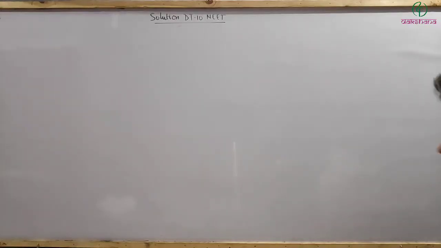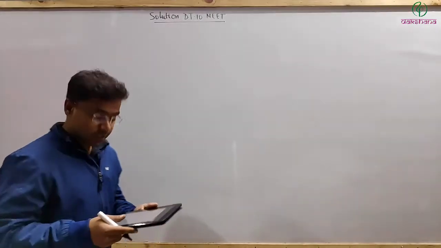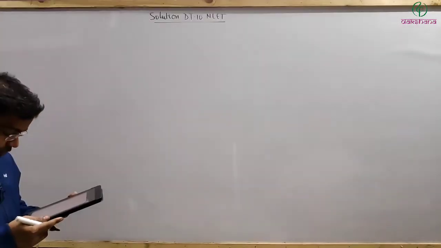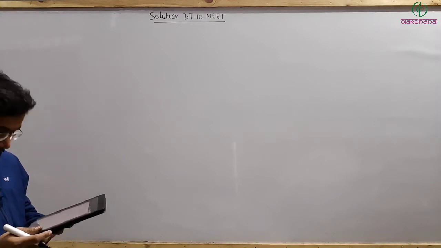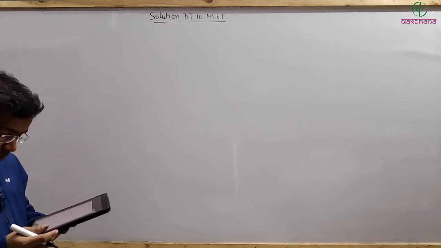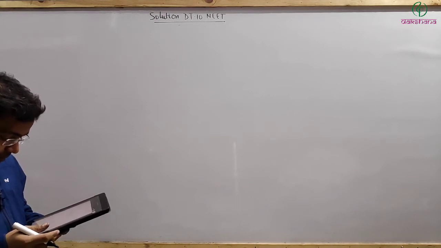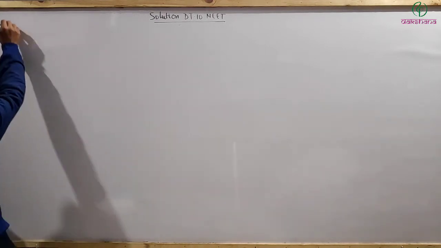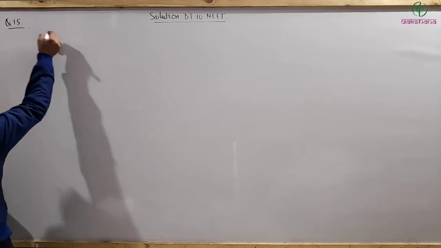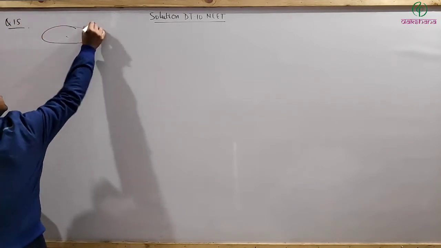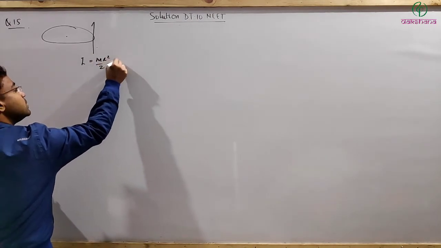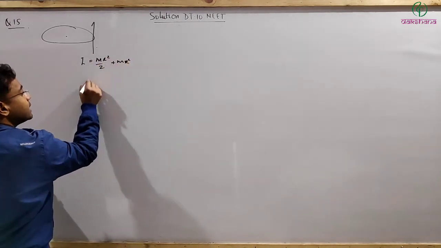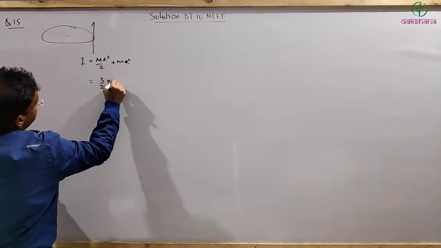Okay, next question number 15. A circular thin disc of mass 2 kg and diameter 0.2 meter. Calculate its moment of inertia about an axis passing through the edge and perpendicular to the plane of the disc. So for question number 15, the moment of inertia of the disc about this axis, I, is equal to mr square by 2 plus mr square, and that comes out to be 3 by 2 mr square.